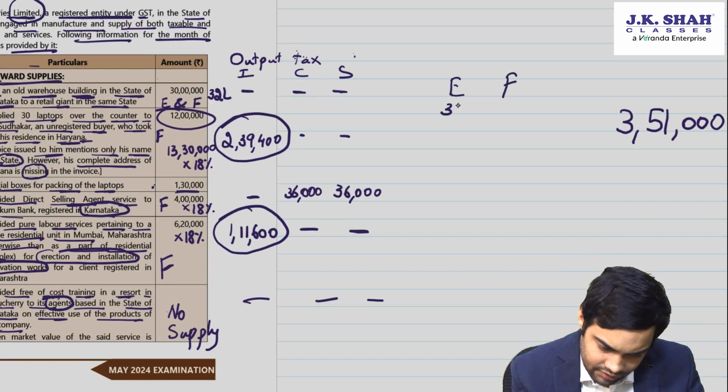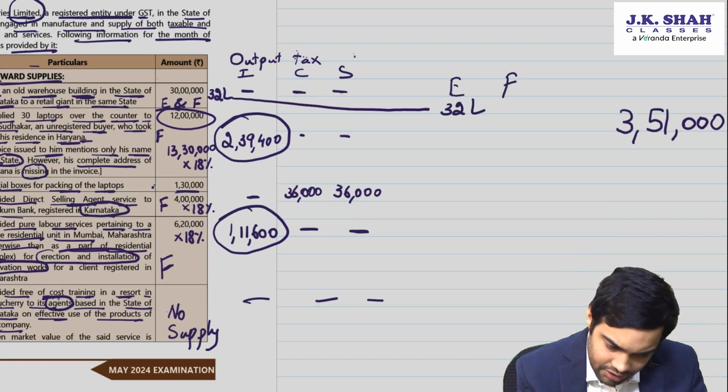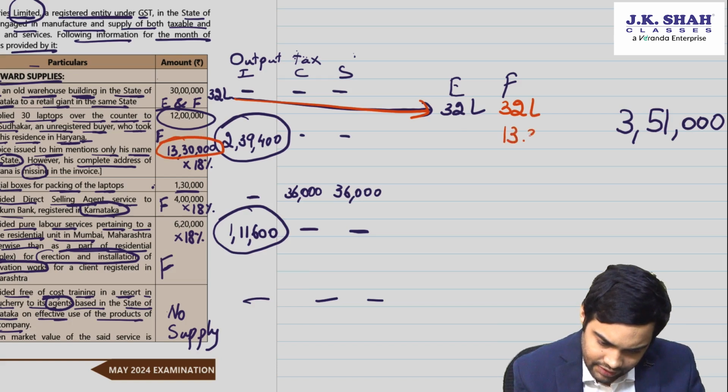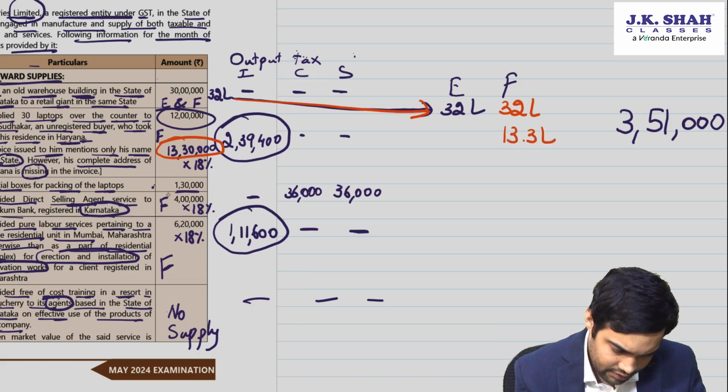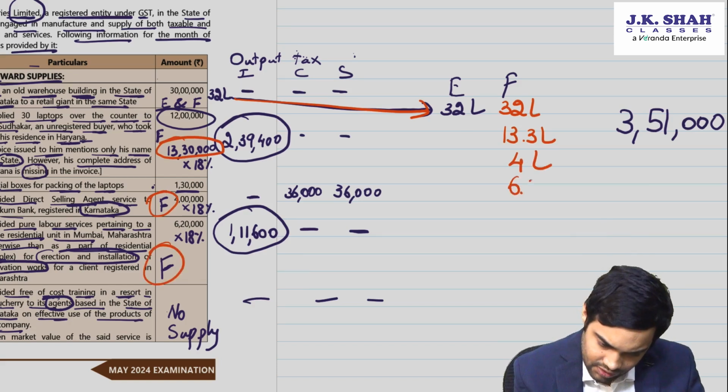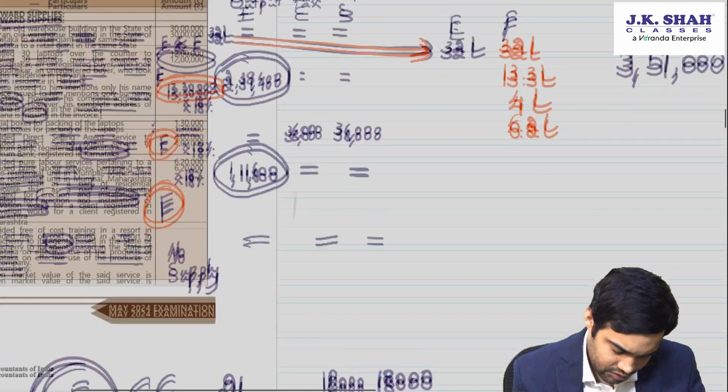For E, I am taking 32 lakh from here, 32 lakh. Then this 13.30 will come only in F. Then 4 lakh will only come in F. 6 lakh 20 will only come in F. This is not a supply.